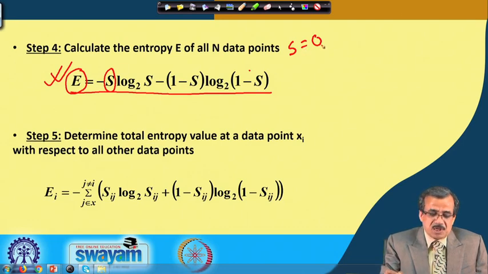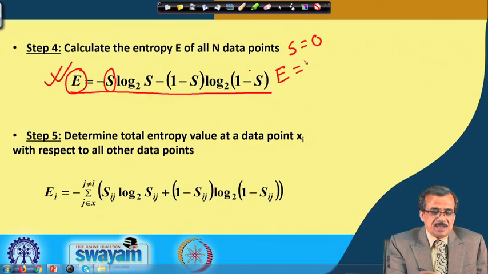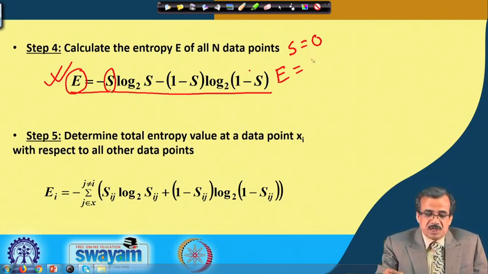Now, if S equals 0, what will happen to the entropy? So, E is nothing but minus, and I am going to put S equals 0 here. Log 0 is not defined, so it is undefined, but it is multiplied by 0, so its contribution will actually be 0.